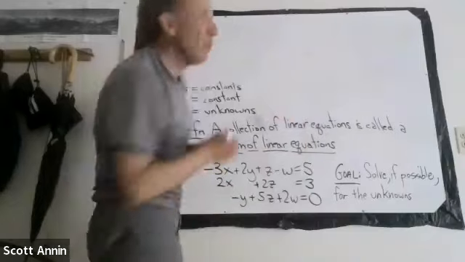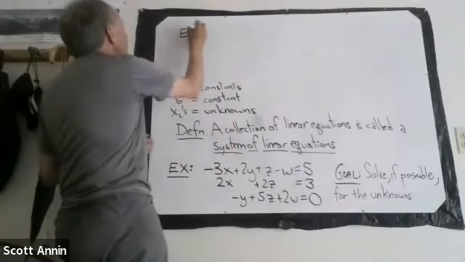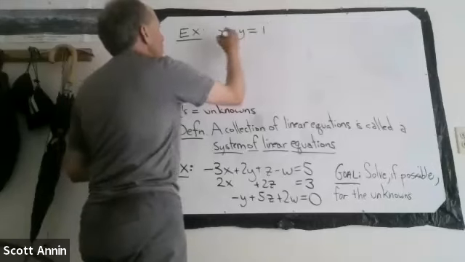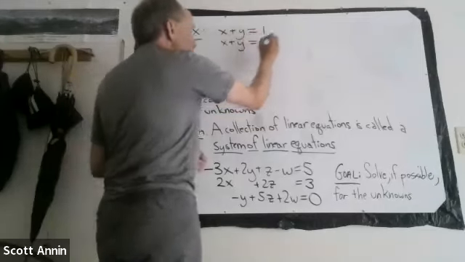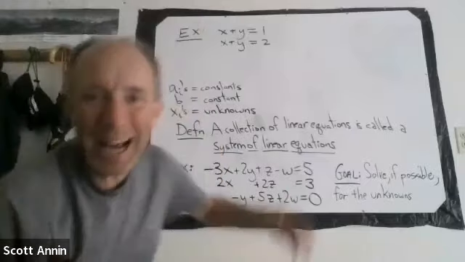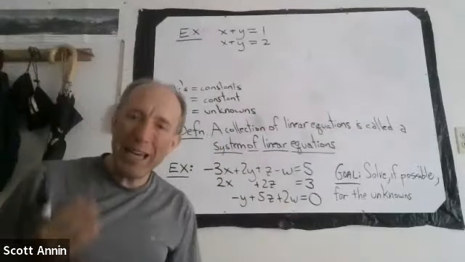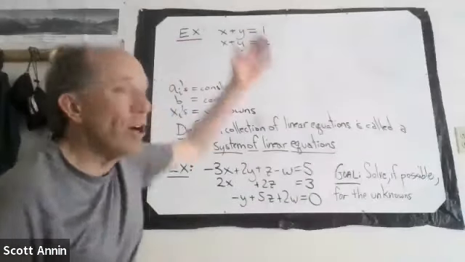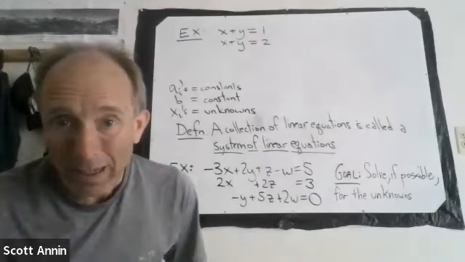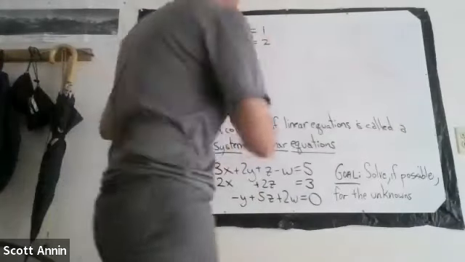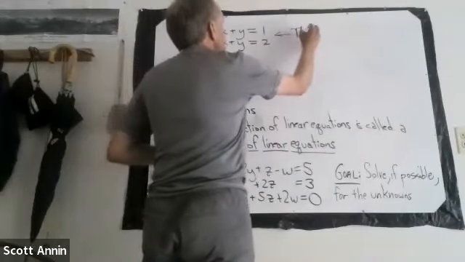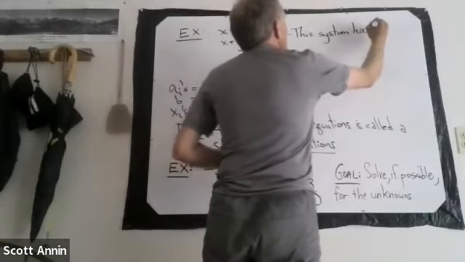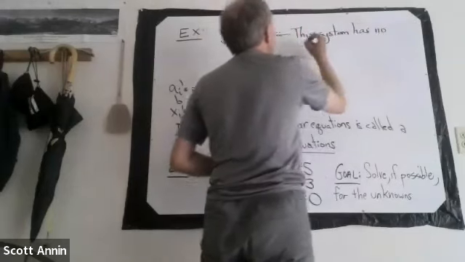So as a quick example of another linear system, maybe you have x plus y equals 1 and x plus y equals 2. The unknowns are x and y. You're not going to be able to find values of x and y that solve all of the equations in that system. This is a linear system, and there's actually a name for this. This system has no solutions.